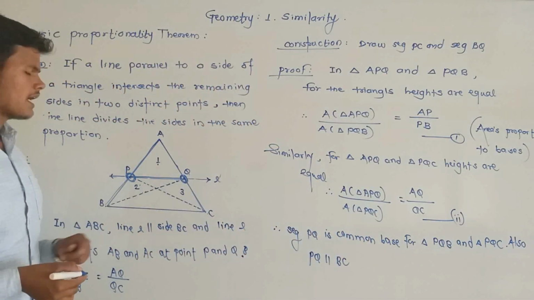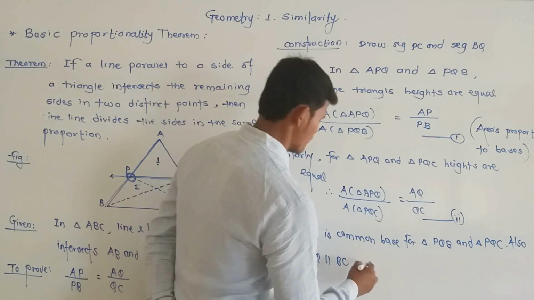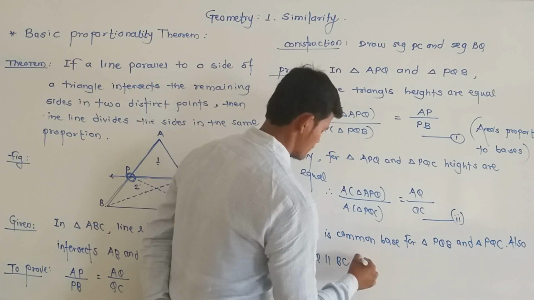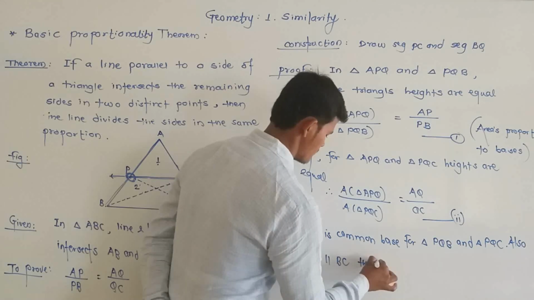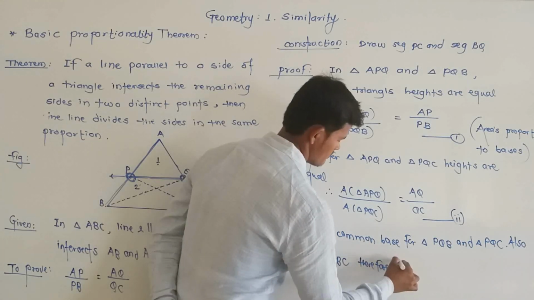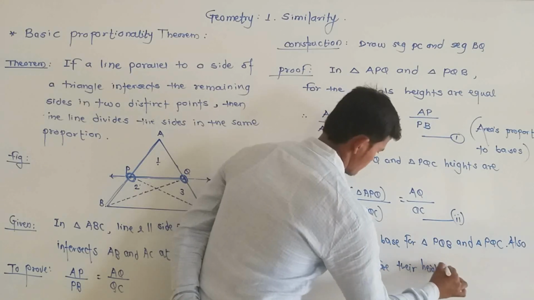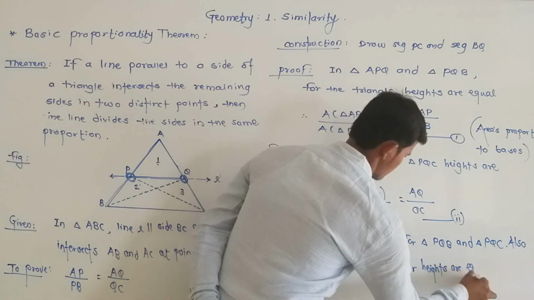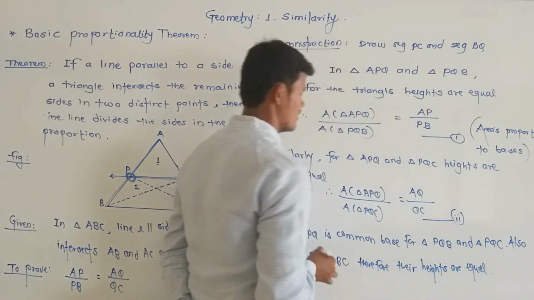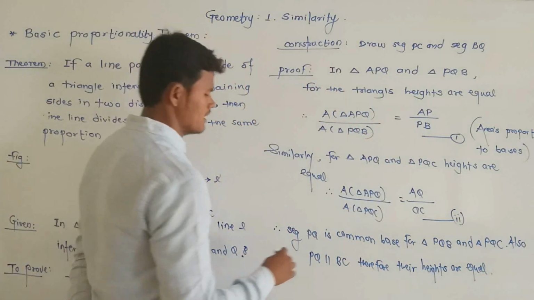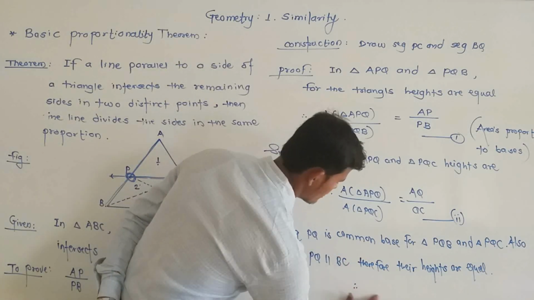Therefore, their heights are also equal. Their heights are equal. And if two triangles have their base and heights equal, then their area is also equal.